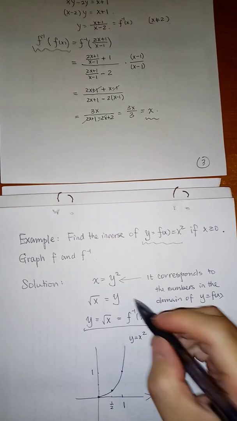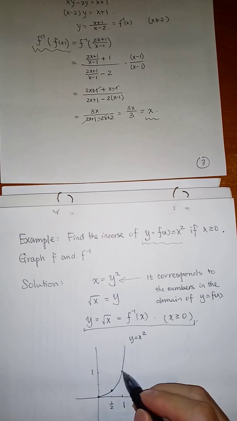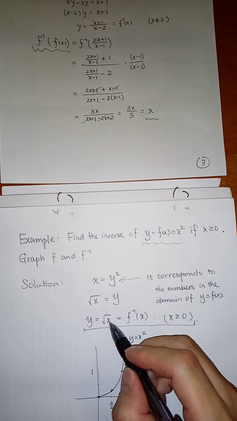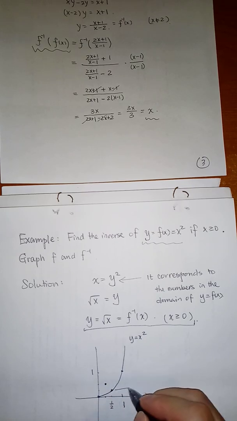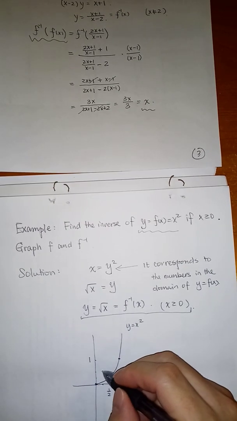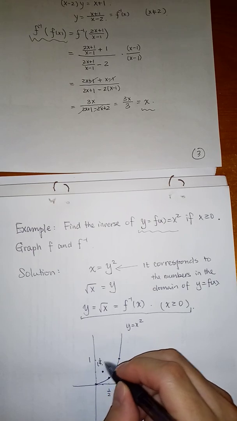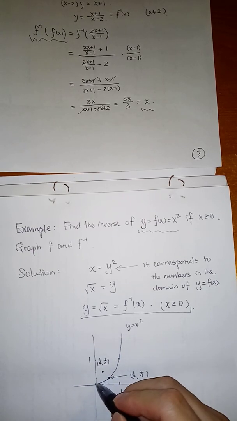And the other one, square root of x, you see here. When x is 1, y is 1. When x is a quarter, square root of 1/4 is 1/2. It's here. This point is (1/2, 1/4), and this point is (1/4, 1/2). And 0, square root of 0 is 0.